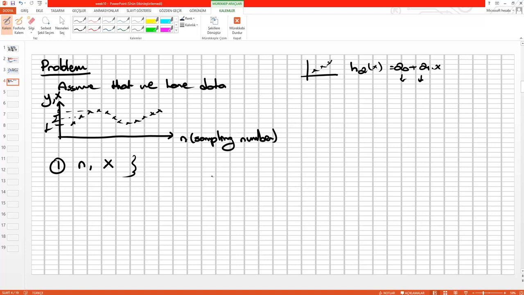Have you heard about that? Expected values? What's the meaning of the expected value? The value we predicted to match with output. Yes, the expected value is the expected value. Okay?